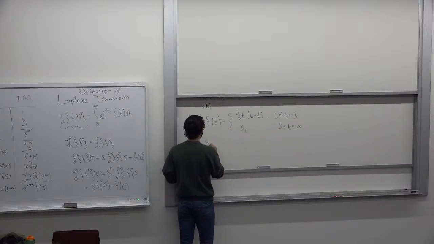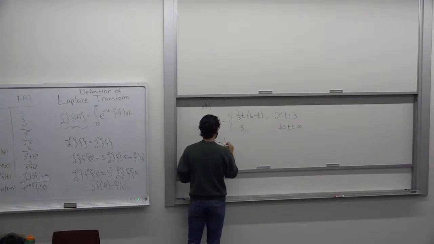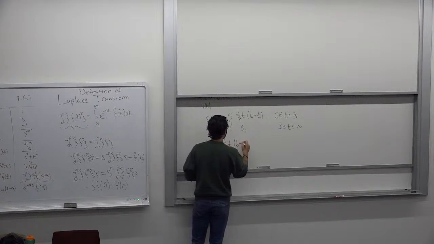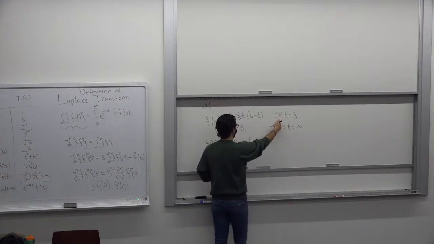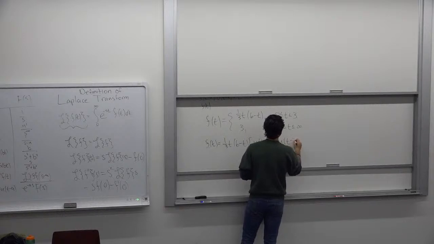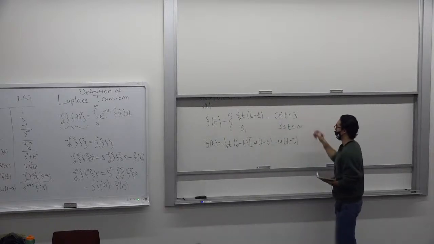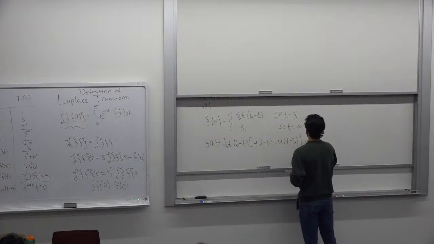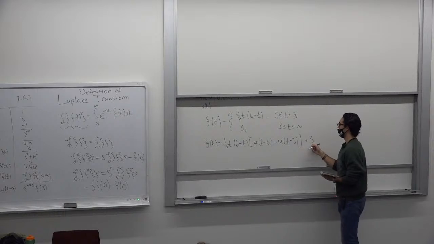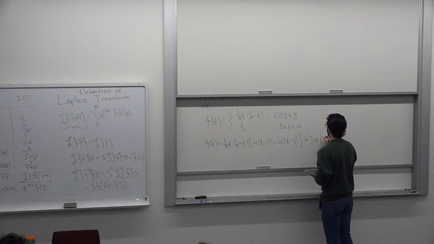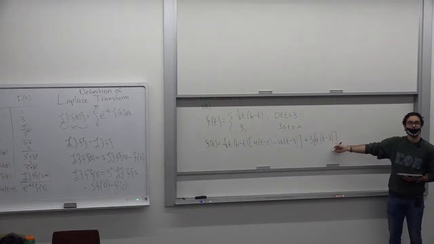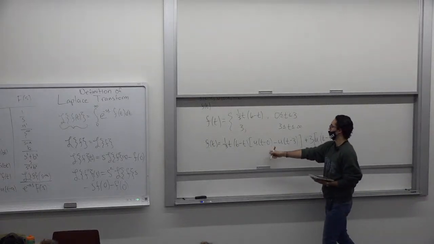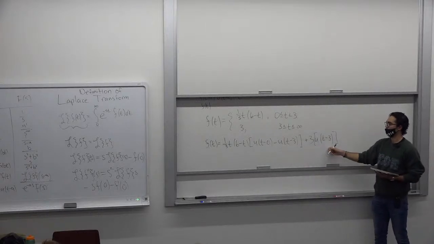I have my f(t) equals 1/3 t times (6 minus t), and then we have u(t minus 0) starts at 0, minus u(t minus 3) ends at 3, plus our function 3 times u(t minus 3) starts at 3 and ends at infinity, so I can just close it off. So starts at 0, ends at 3, starts at 3, ends at infinity.